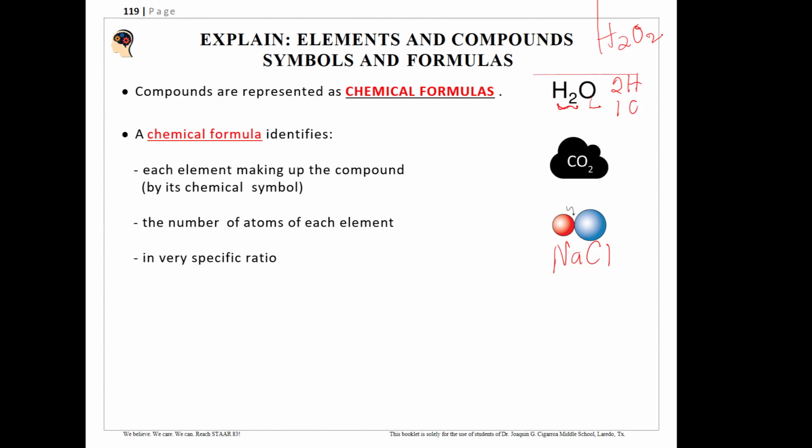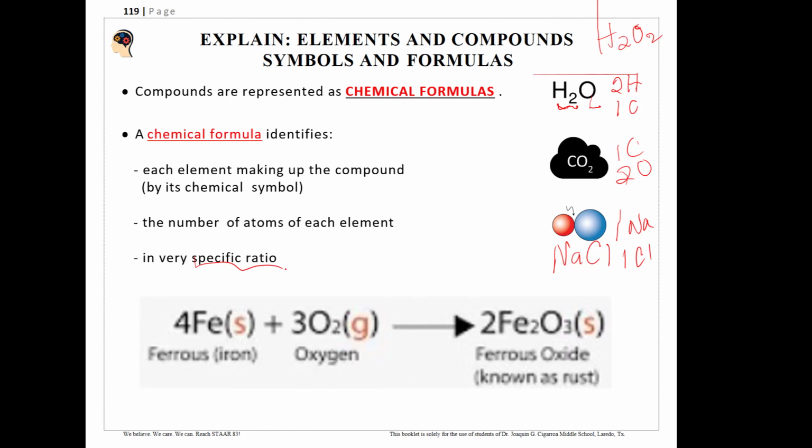It has become hydrogen peroxide. Okay? Right here, for carbon dioxide, it will always be one carbon and two oxygen. If there is an additional element, then that is no longer carbon dioxide. In the same way for sodium chloride, it will always be one sodium and one chlorine. That is what we mean when we say a specific ratio.